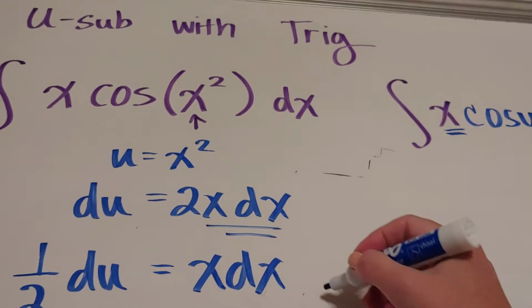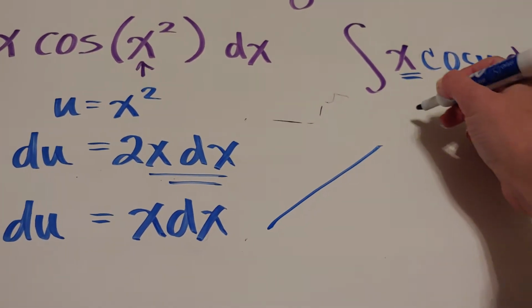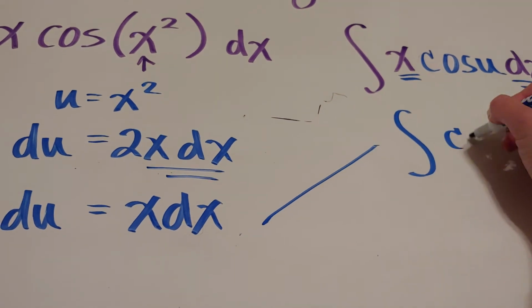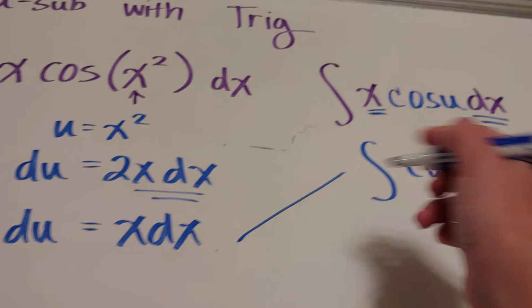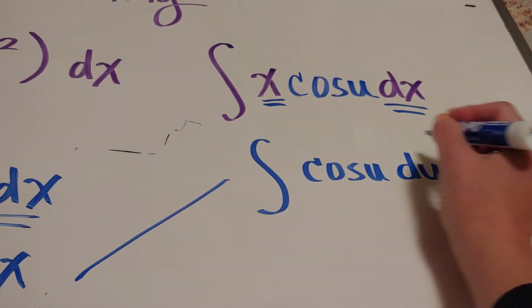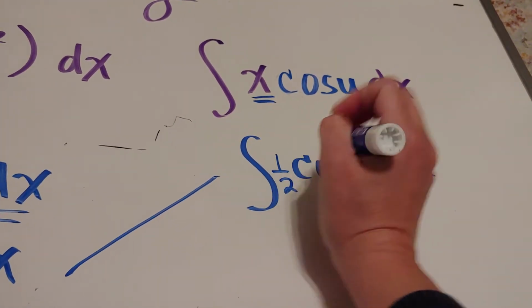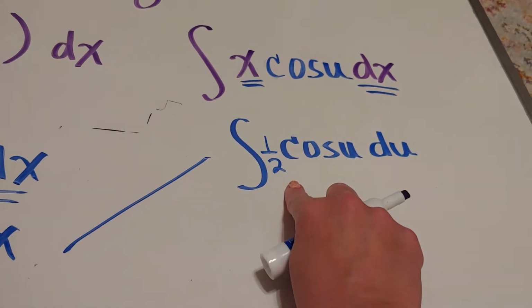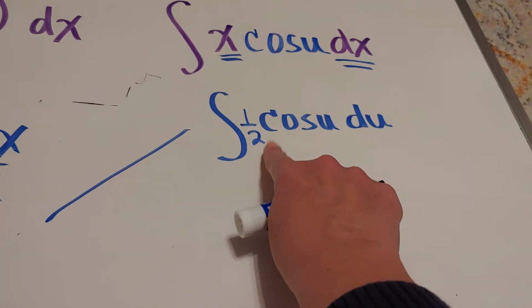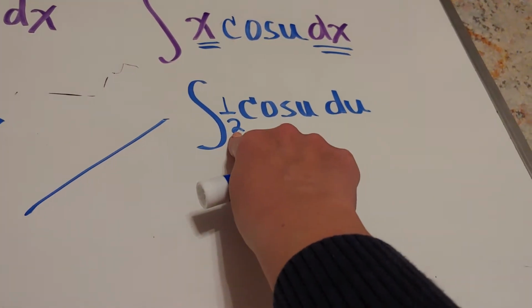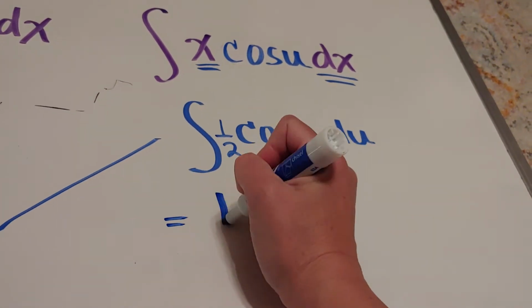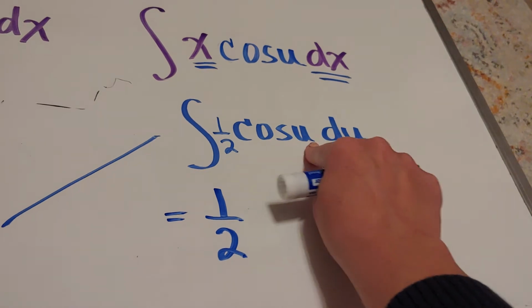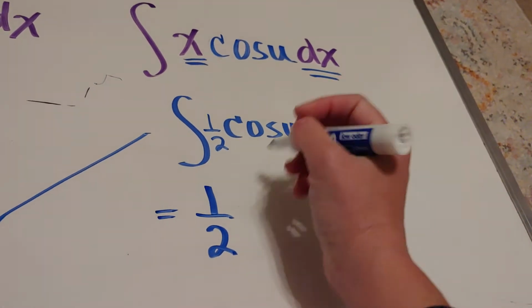So 1/2 du is going to equal x dx. Now this becomes a cosine u, and then x dx will trade for a 1/2 du. Typically I move the coefficient out front, so you'll see that in a lot of my solutions and notes. You could leave it in the back, but this is just a reminder to me that I have a 1/2. Now I want to integrate cosine. The integral of cosine is positive sine.